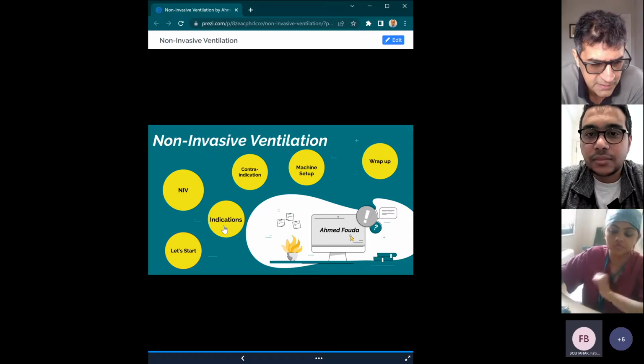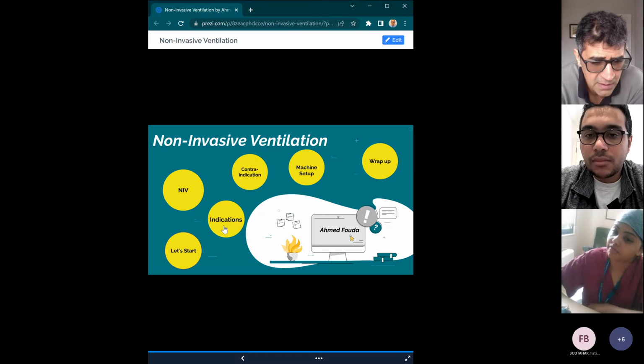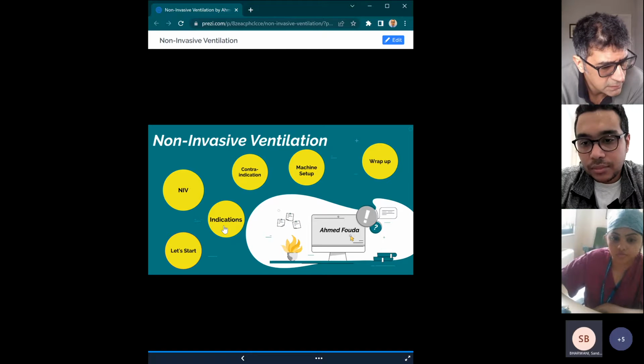Any other ideas? Any other things? Also, I would think, giving a positive pressure, especially in patients with cardiac asthma, there is this interstitial fluid that would be displaced, and it also improves oxygenation.